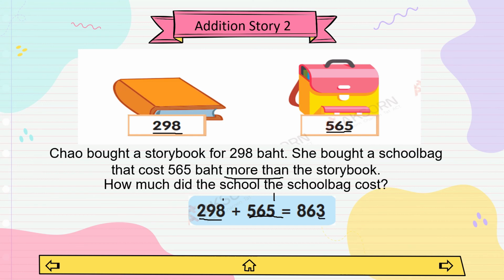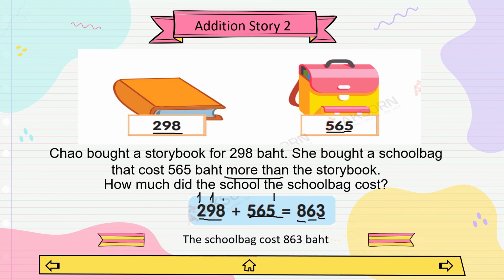We're going to put 3 here, and then we're going to add 1. 9 plus 6 is equal to 15, plus 1 is equal to 16. We're going to write 6 here, and then we're going to put 1 here. So 2 plus 5 is equal to 7, and plus 1 is equal to 8. That's why we have 863. So the school bag cost 863 baht.